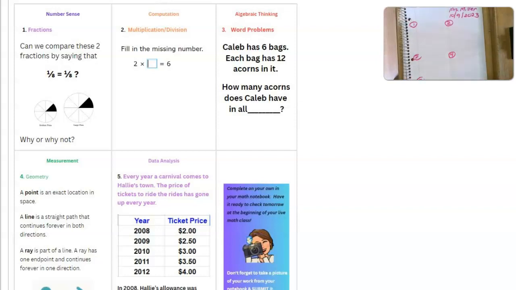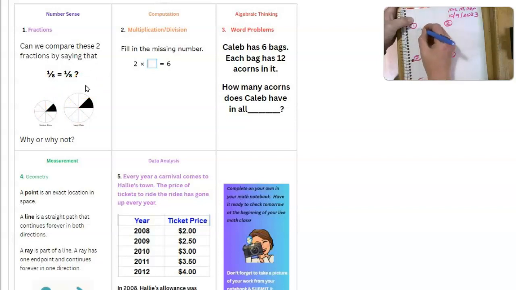Okay. Number 1. Can we compare these two fractions by saying that 1/8 equals 1/8? Why or why not? Well, 1/8 would be the same as 1/8 if these two sizes of pizzas would be the same. So can we compare these?